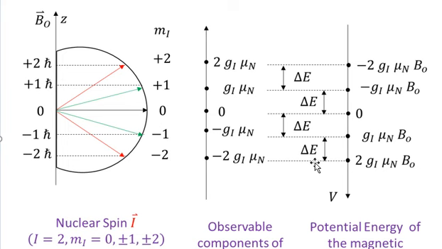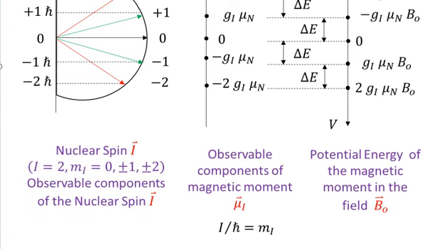Then of course you know that V, which is the potential energy of the magnetic moment in the field B naught, is defined as V is equal to minus the dot product of the spin magnetic moment mu I and the external magnetic field B naught.